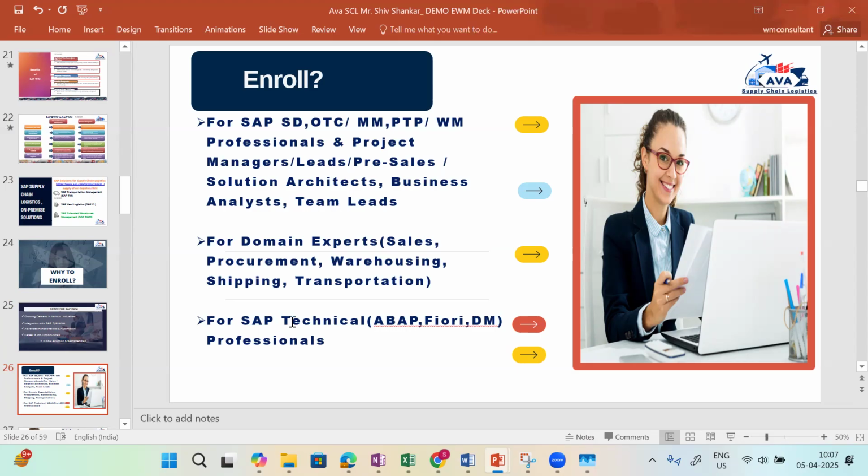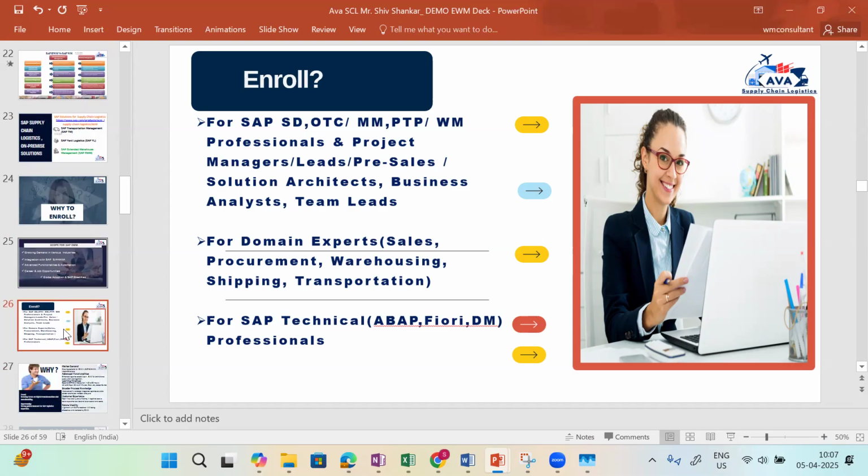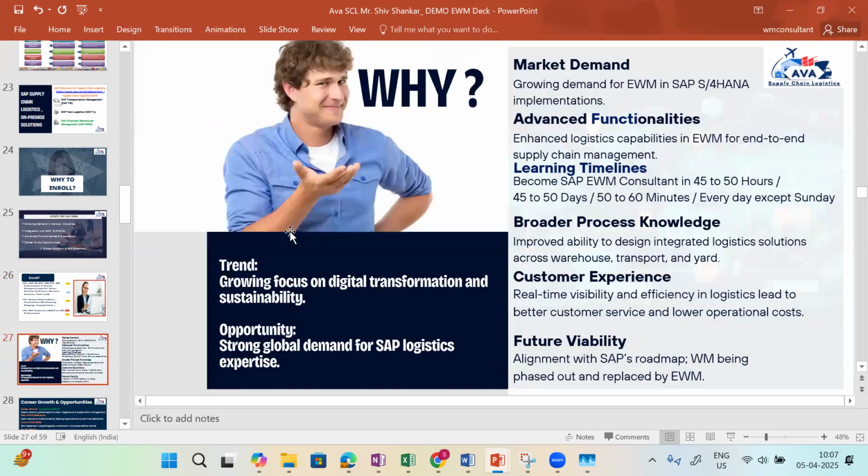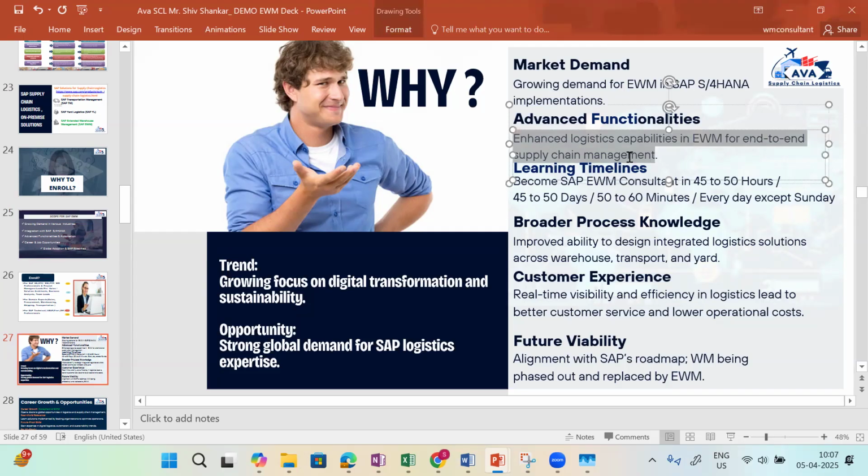Domain experts and SAP technical experts can enroll. You should enroll because of the market demand and to have enhanced logistics functions, and you will become an SAP consultant. The program timeline is 45 to 50 hours, which means 45 to 50 days at 50 to 60 minutes daily. You need to attend the program every day except Sundays.